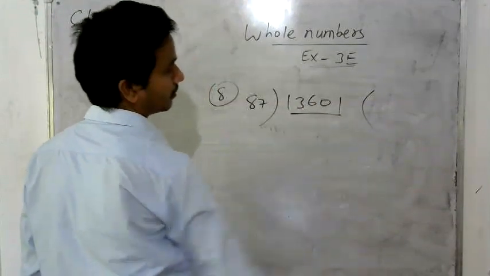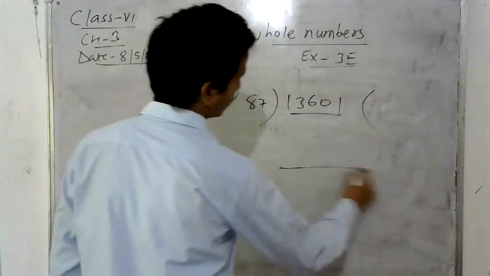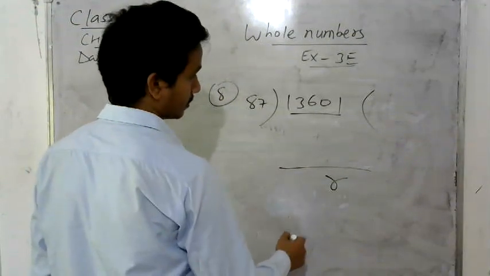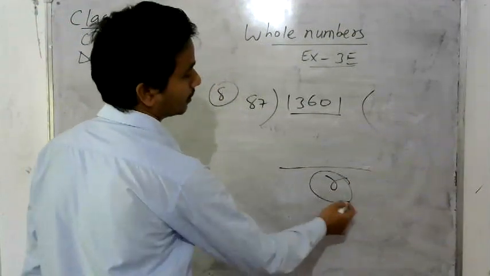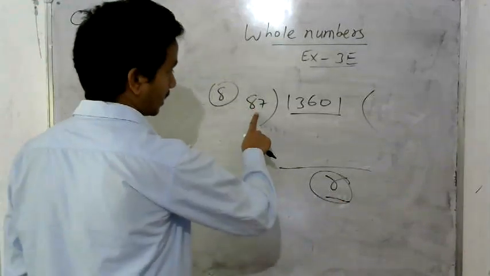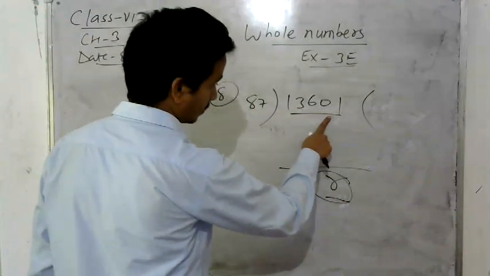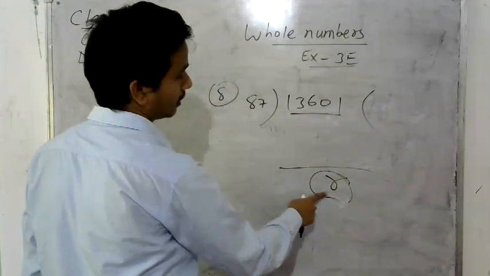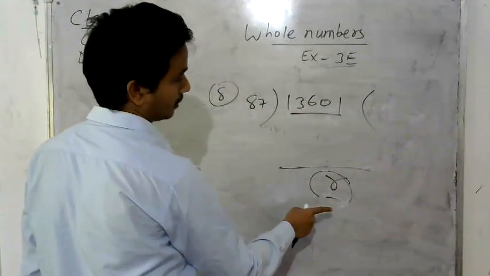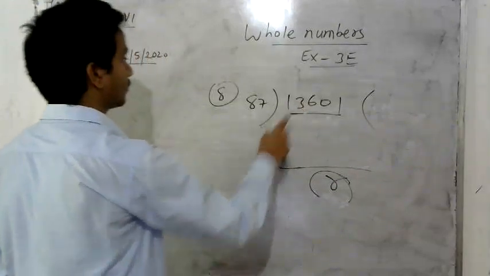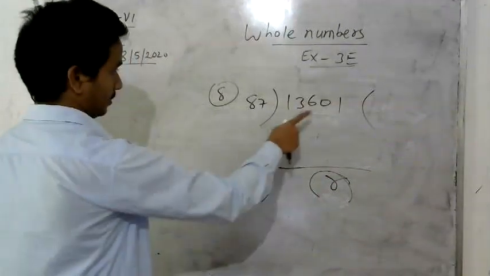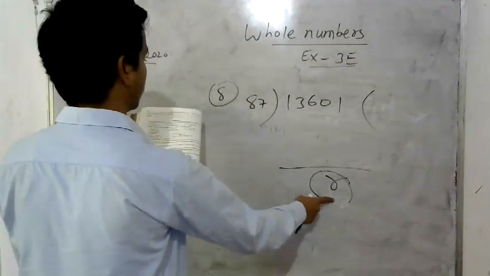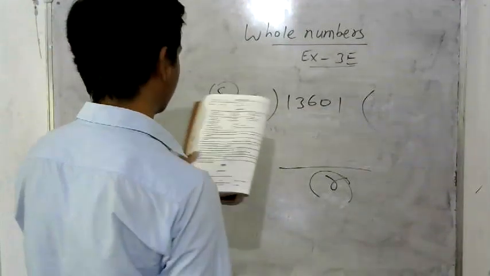Suppose the remainder is R, then the least number that should be subtracted is R. Then the number will be divisible by 87. So just divide it. The remainder will be the answer in question number 8.